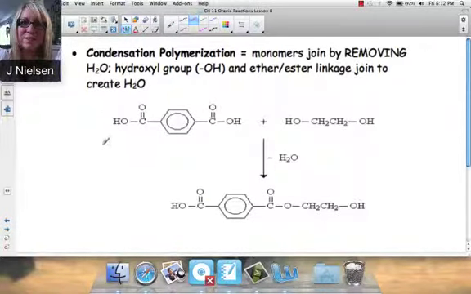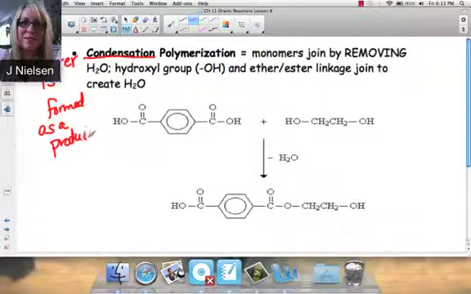The last one I want to talk about is condensation polymerization. Condensation should make you think of water, and what happens is water is formed as a product when making the polymer.